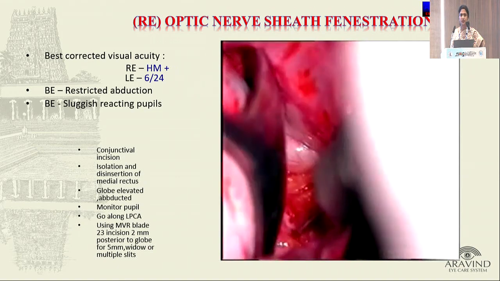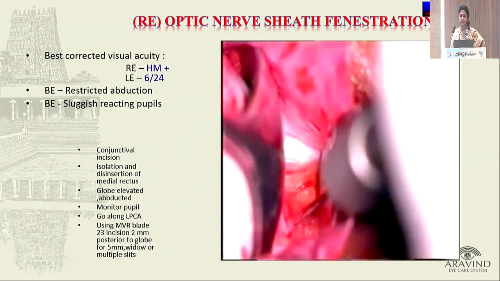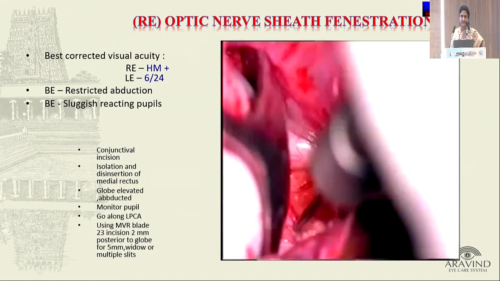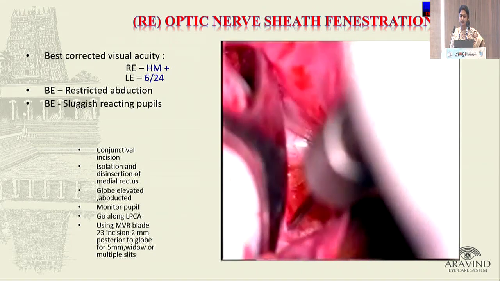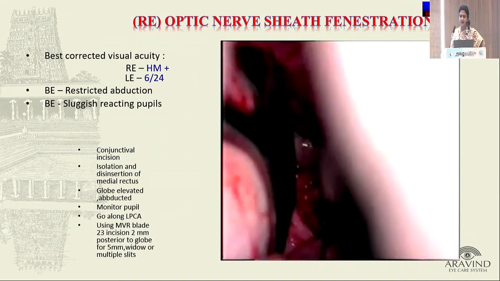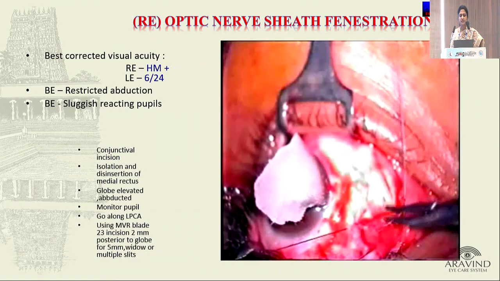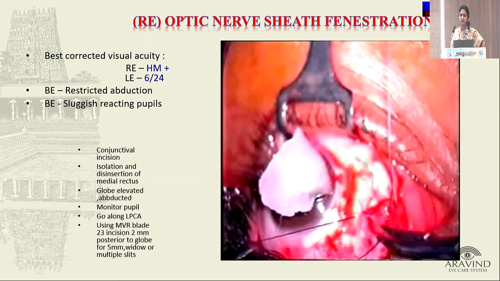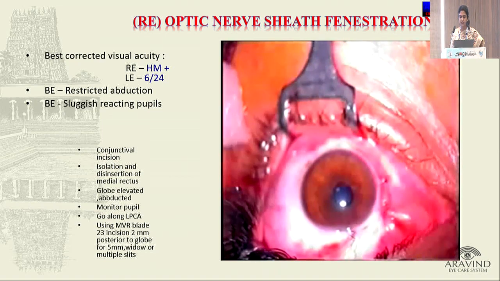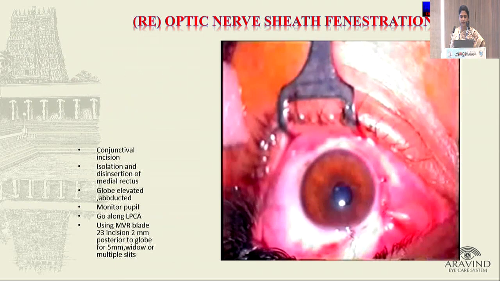You can use a myringotomy scissors. You can borrow it from the ENT friends, but it's not very easy, as I said. And when you make multiple nicks and connect them, you create a window. Once this is done, you can reattach the medial rectus muscle carefully and close the conjunctiva.